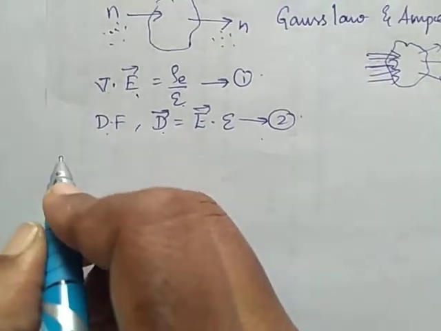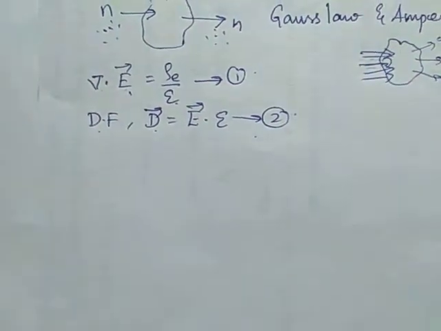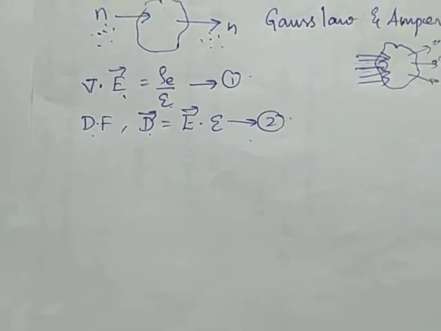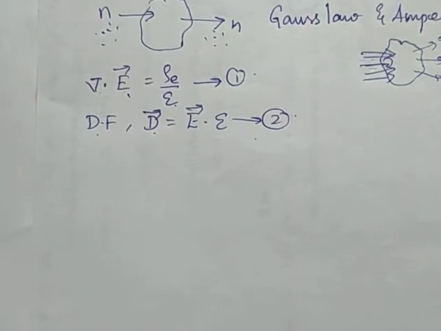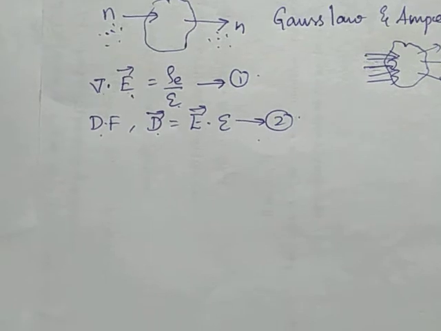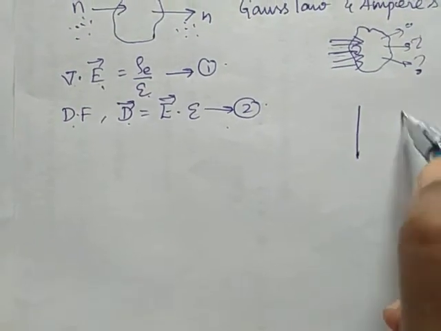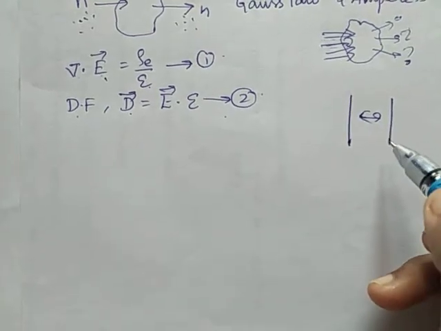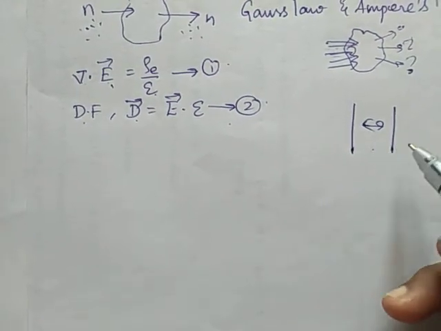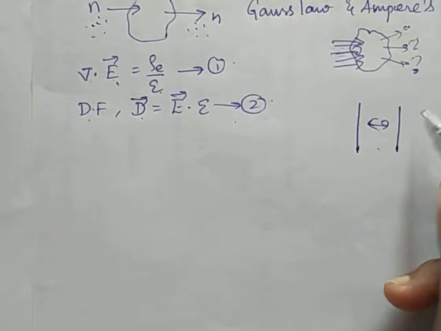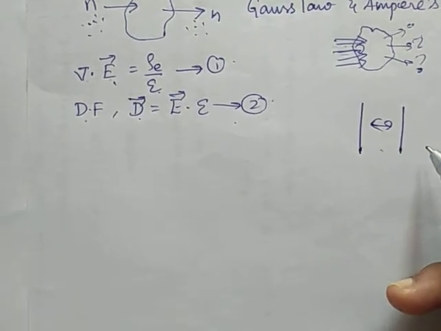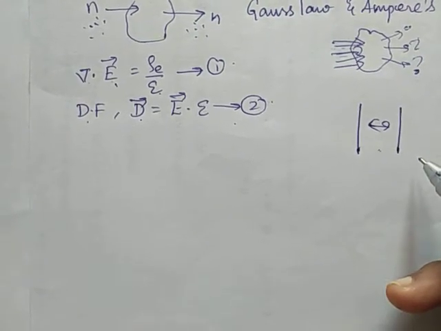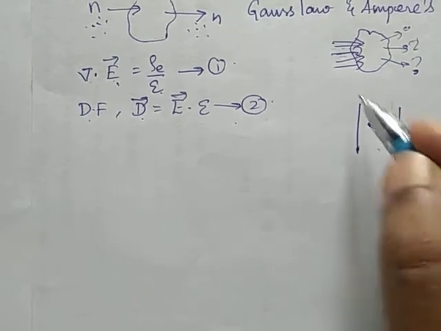Now coming to Ampere's law. What is Ampere's law? The force of attraction or repulsion between any two current carrying wires or circuits is directly proportional to the intensity of current passing through it.